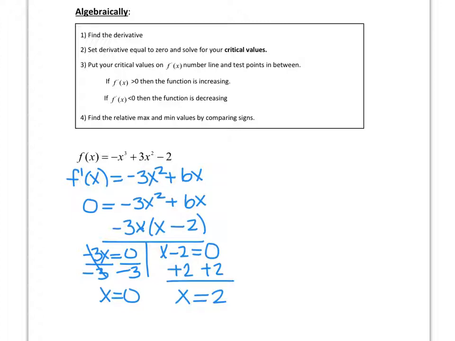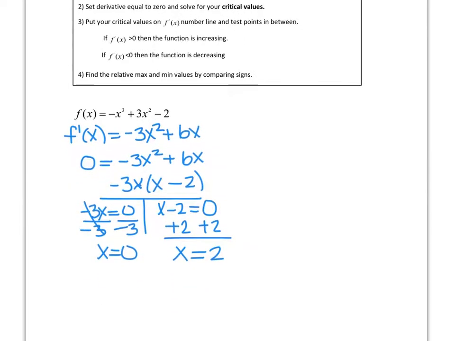So what you just found are called critical values. So these two are critical values. At critical values, we will have a maximum or minimum.